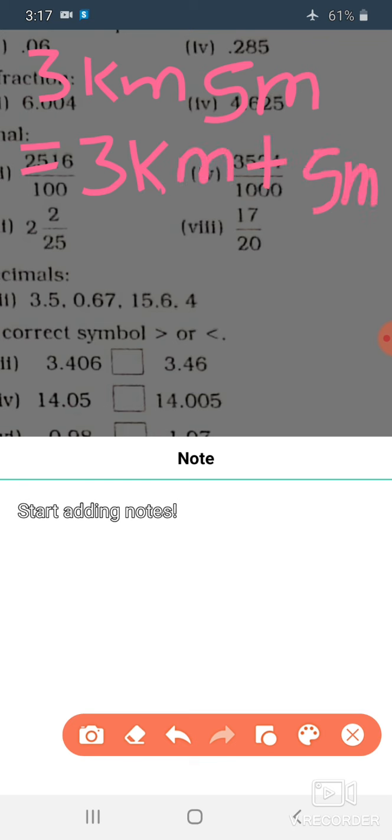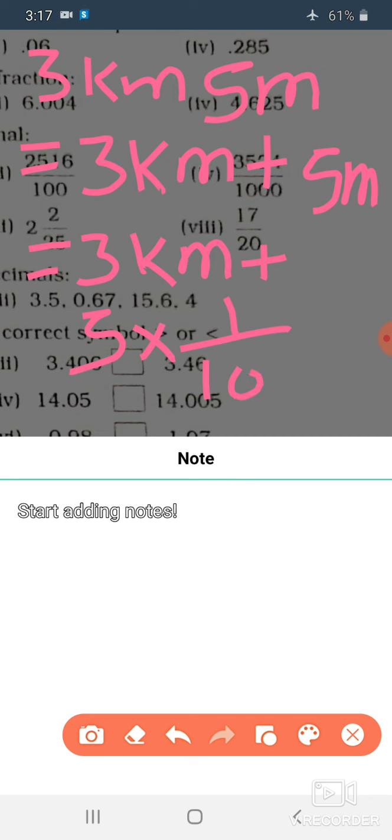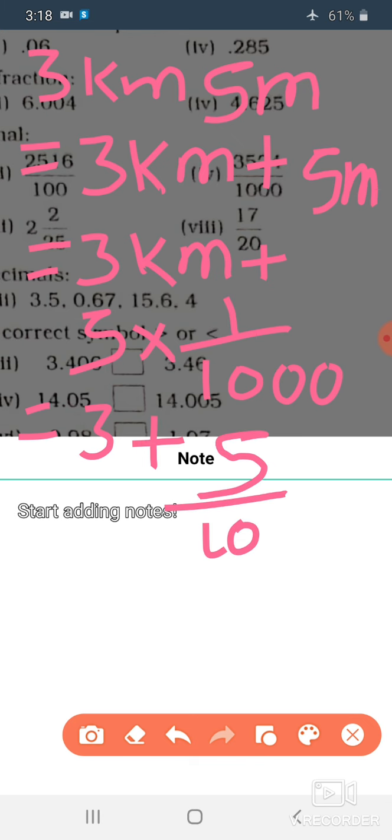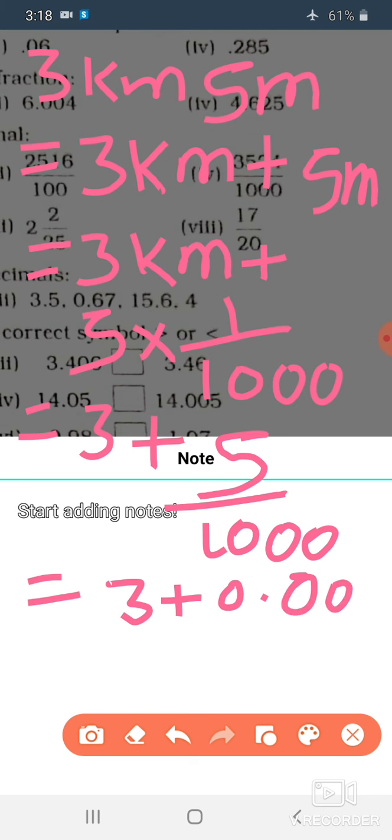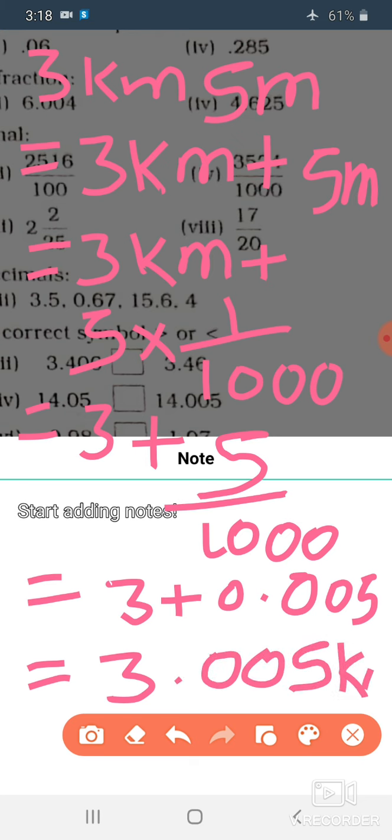And 5 meter, we just need to change into kilometer. 3 kilometer plus 5 multiplied by 1 by 1000 gives 3 plus 5 by 1000, so 3 plus 0.005. Our answer is 3.005 kilometer. So it's a wrap for this chapter.